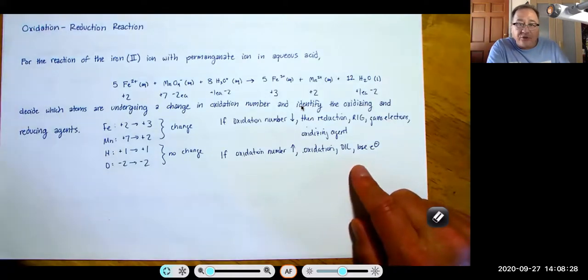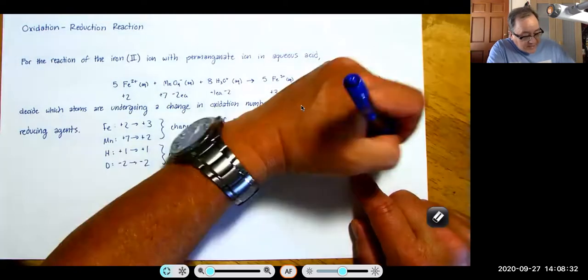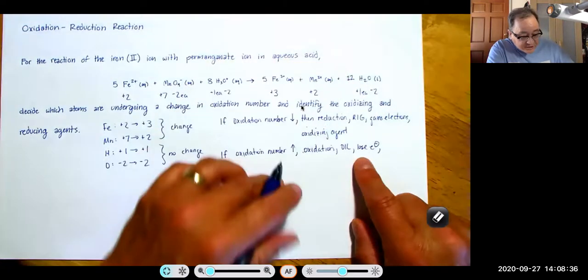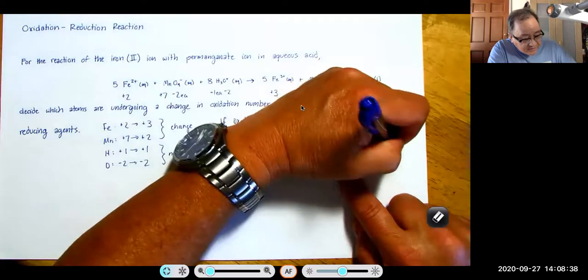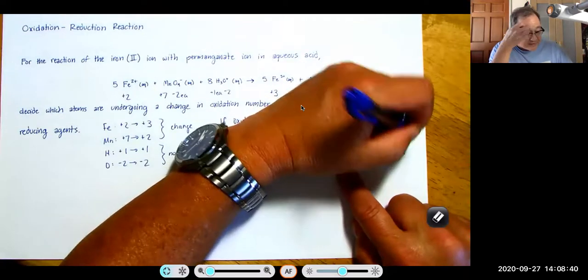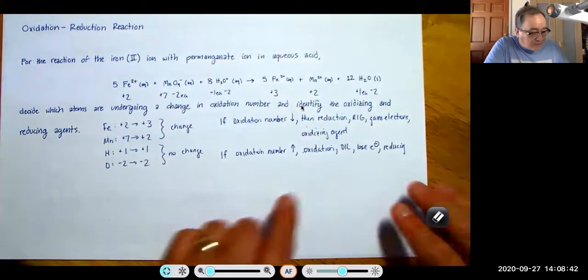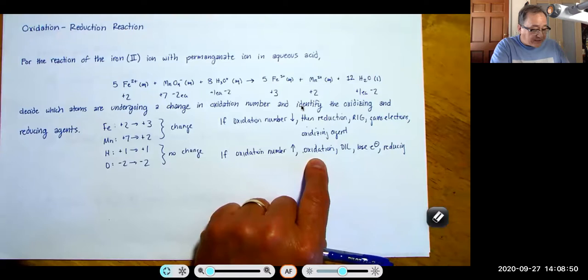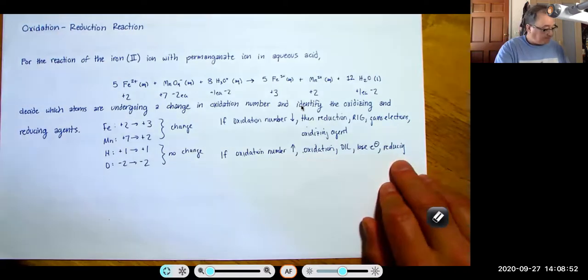Two O's is loose, like a loose tooth. And if it loses electrons and it's oxidation, then it's the reducing agent. Remember, to reduce means to gain electrons. Well, if you're being oxidized and you're losing electrons, the electron has to go somewhere, so that somewhere gets the electron and it gets reduced. So when you get oxidized, you're the reducing agent.